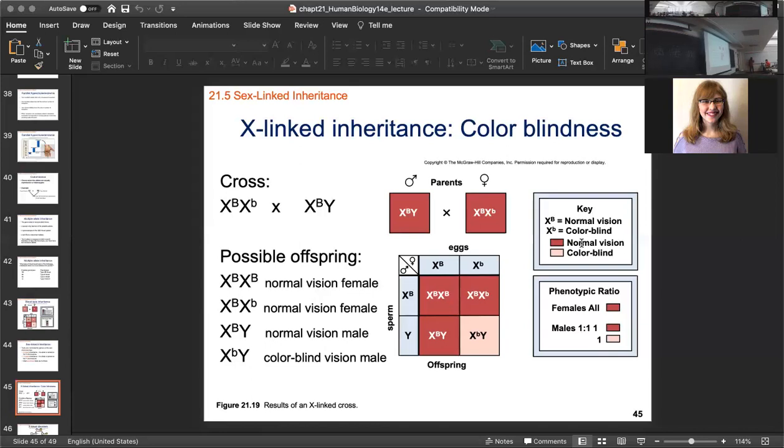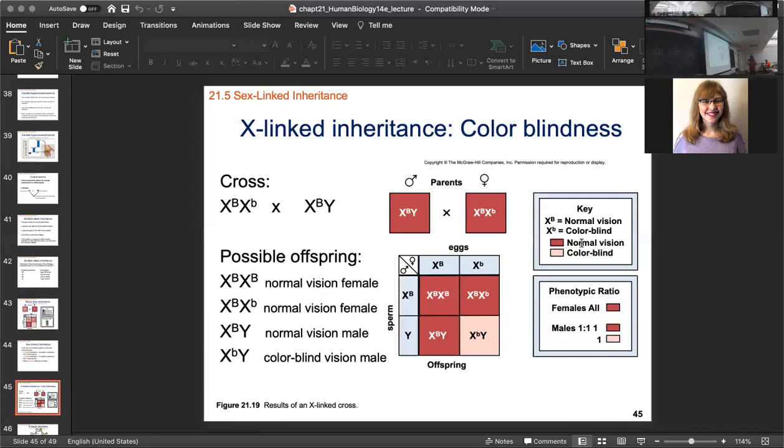You're either a male and have one small letter, or you're a female and have two small letters. Okay, if you have the X-linked dominant, you're either X big B Y, or X big B, X little b, or X big B, X big B. Okay, those are how you draw those.